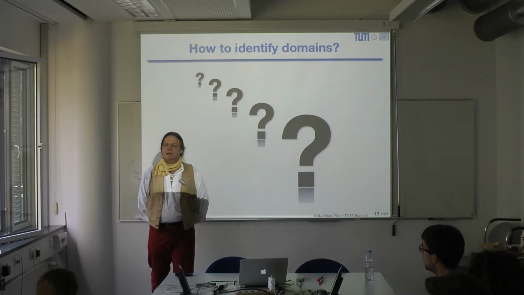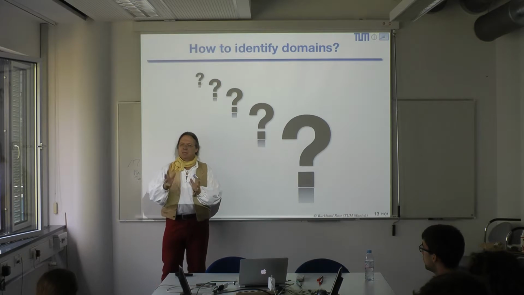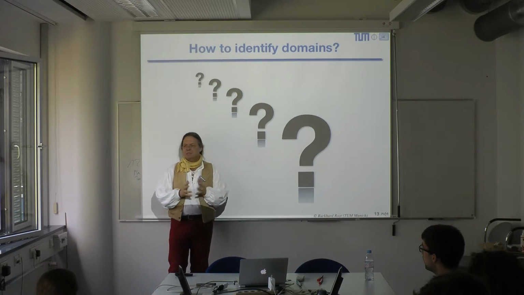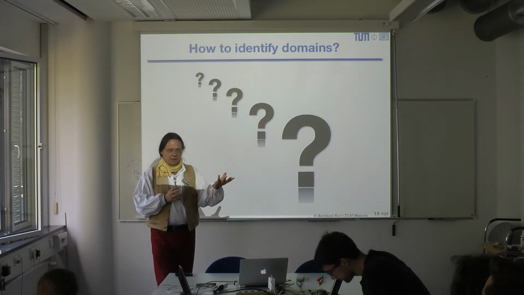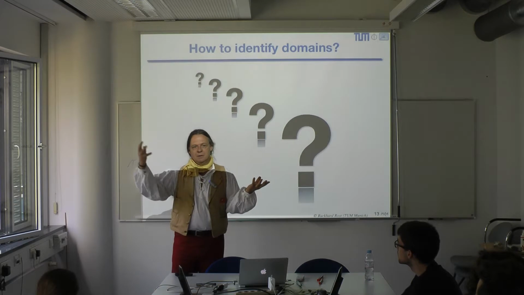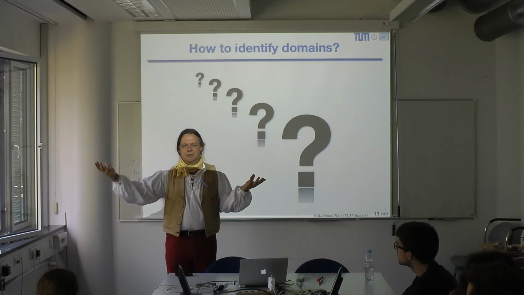So ballpark 60,000, 100,000, depends a little bit on how you count. Proteins at this point I believe is 75,000. Now, 75,000 structures, 52 million sequences. Okay?